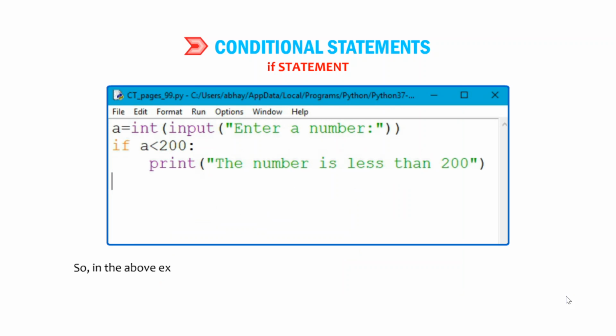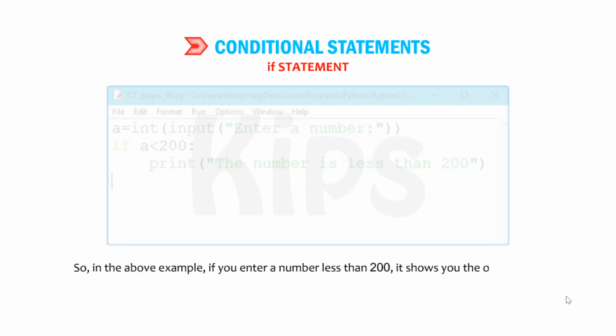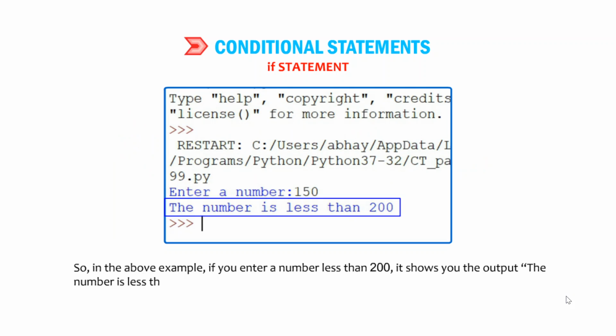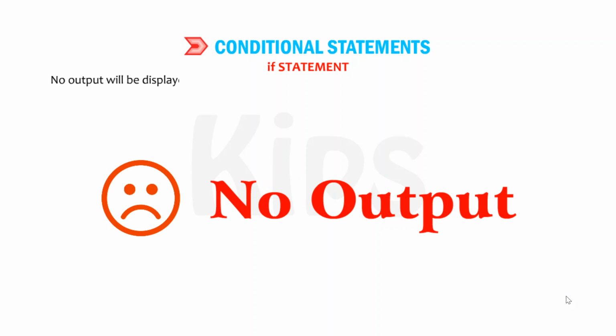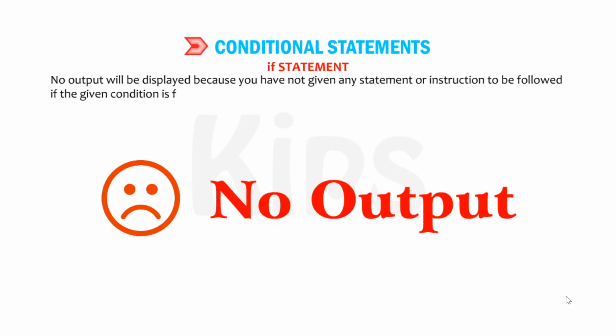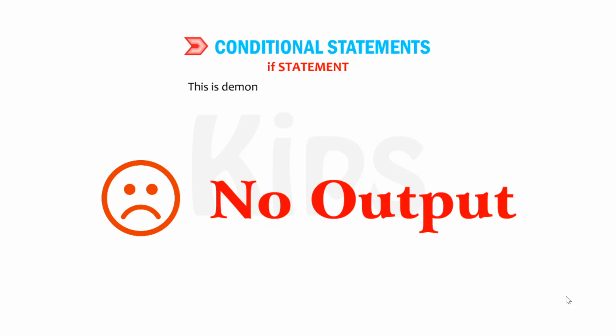So in the above example, if you enter a number less than 200, it shows you the output: The number is less than 200. But what will happen if you enter a number greater than 200? No output will be displayed because you have not given any statement or instruction to be followed if the given condition is false. This is demonstrated in the following example.